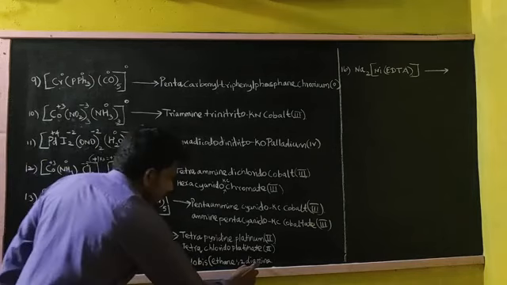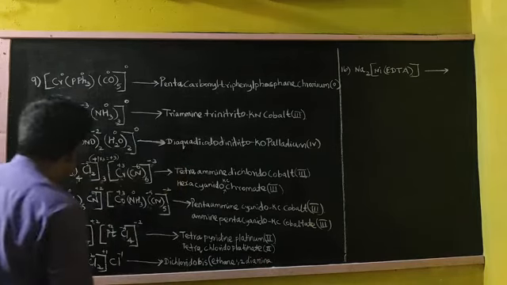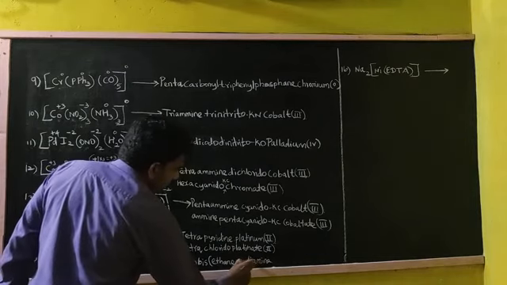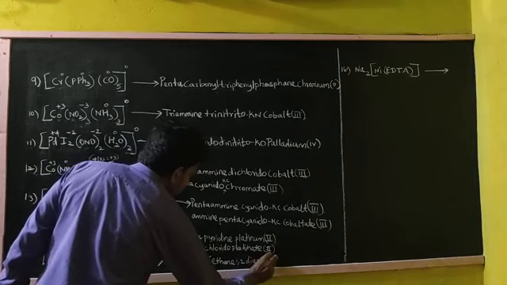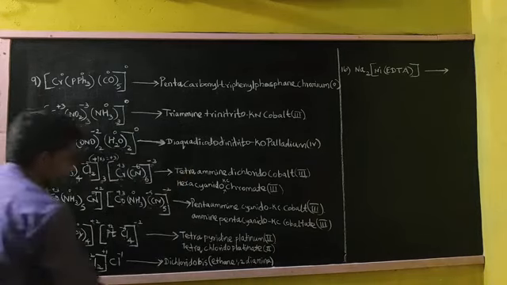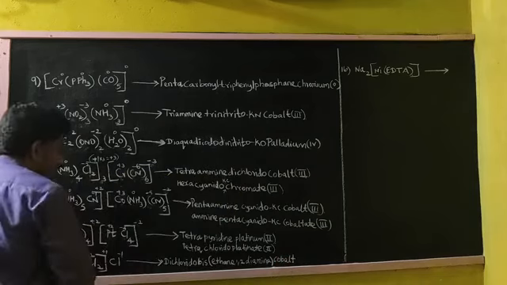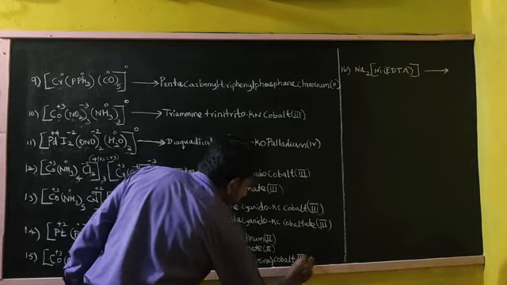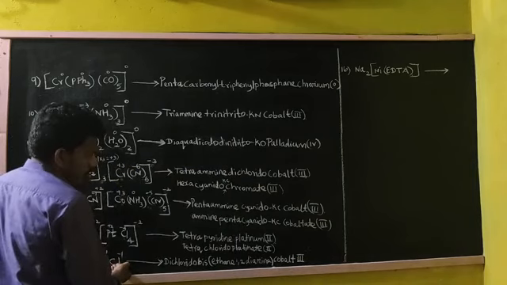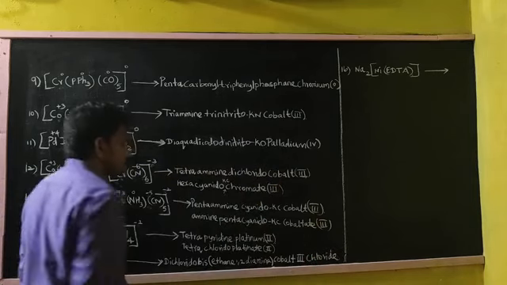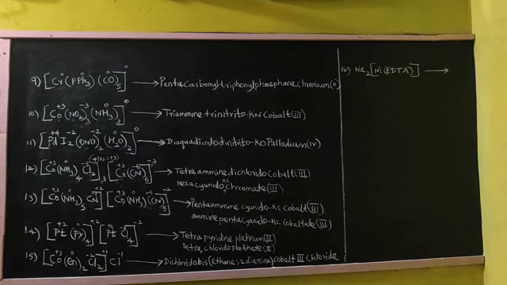Single m only, because the formula NH2 CH2 CH2 NH2, right? So NH2 means amine, diamine. We can close the bracket. Then cobalt, oxidation state +3. So ending with a negative ion chloride, right? Okay.